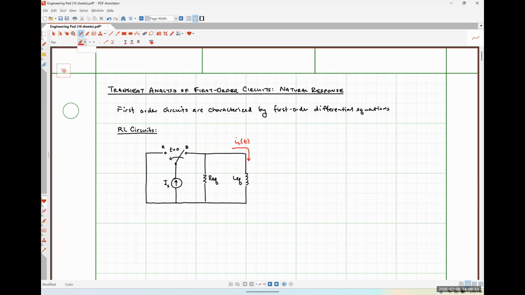And then a couple of other quantities that we might wind up messing around with might be the voltage drop across our inductor, which will be VL as a function of time.